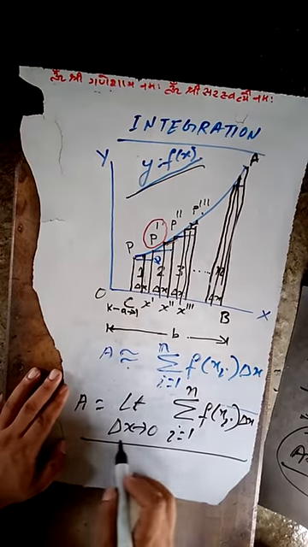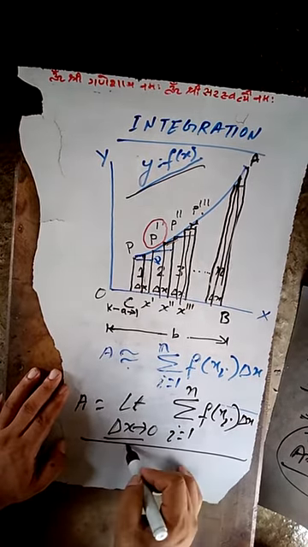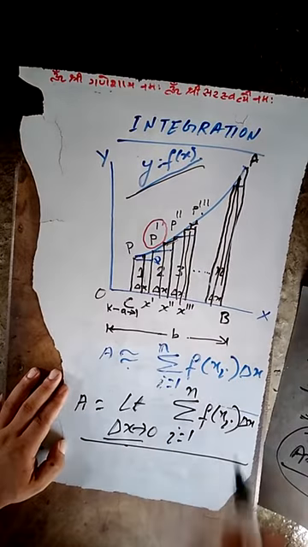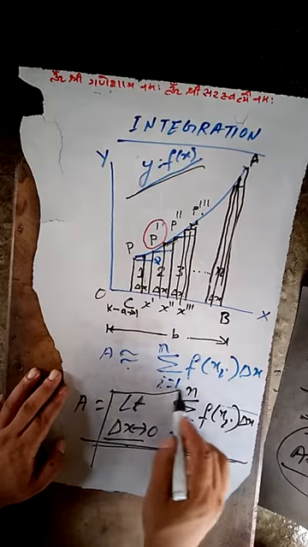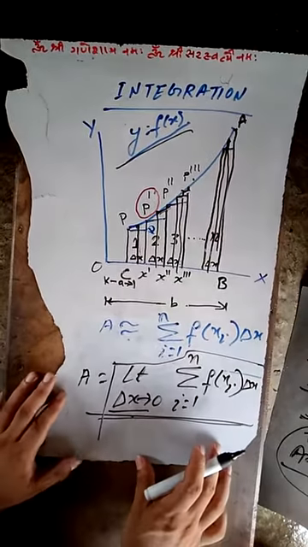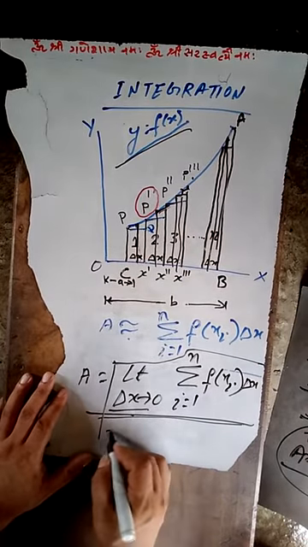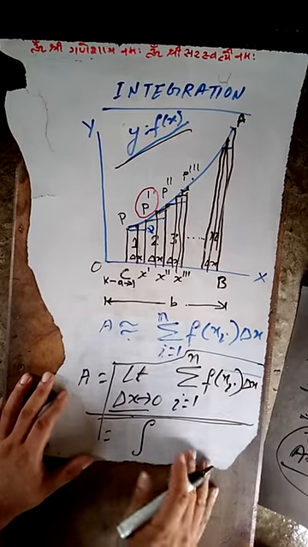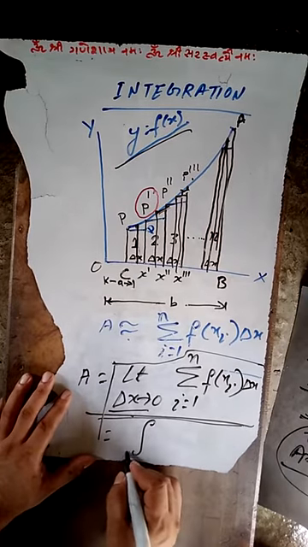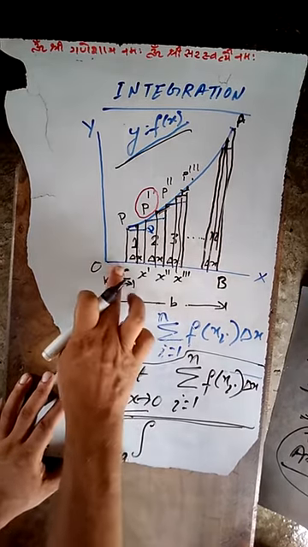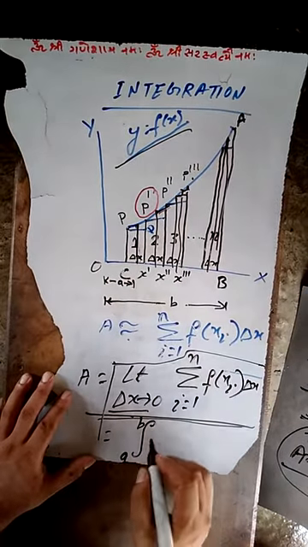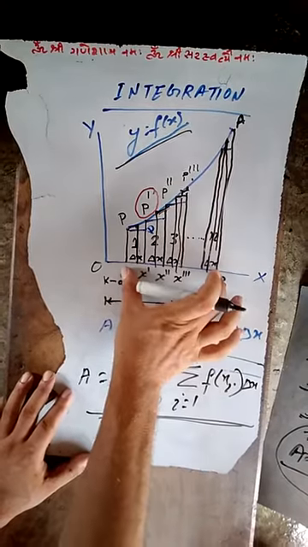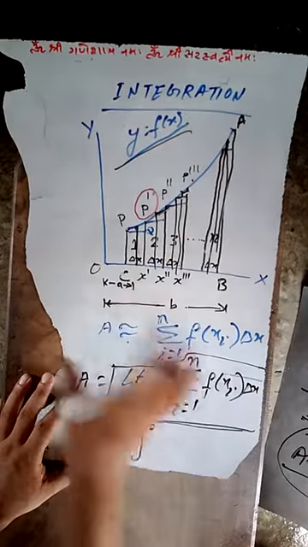Because now delta x tends to 0 means the triangular area will become 0. And this term is called the integration and is represented like this. So here we have the limits: a is your lower limit and b is your upper limit. Here a and b are the symbols for the limits, because the area may go from anywhere to anywhere.